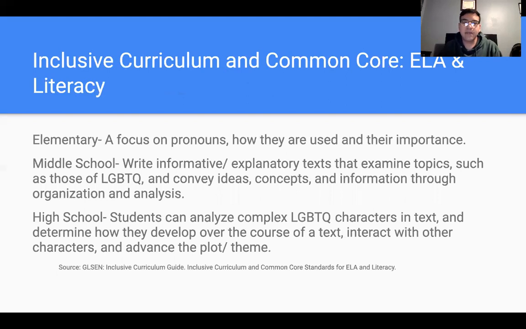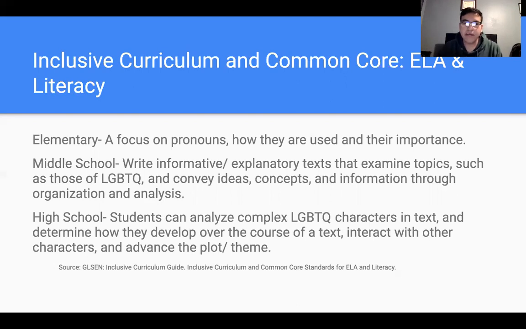Inclusive curriculum and Common Core for English language arts and literacy. In elementary, you want to focus on pronouns and how they are used and their importance. Students will learn to connect pronouns to people and gender identity and determine which pronouns are working for them.